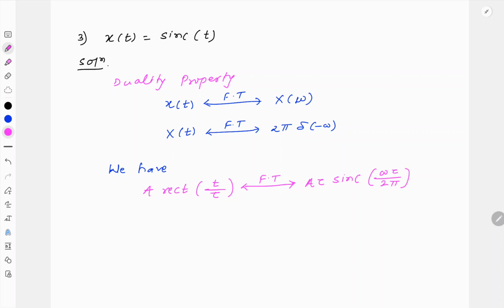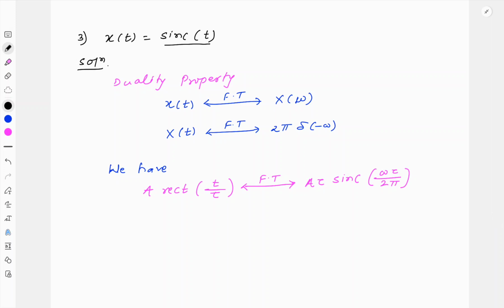Now here we have to make an arrangement and bring this sinc function towards the left hand side. We are supposed to find only the Fourier transform of sinc t. So here we need to substitute a tau as 1.